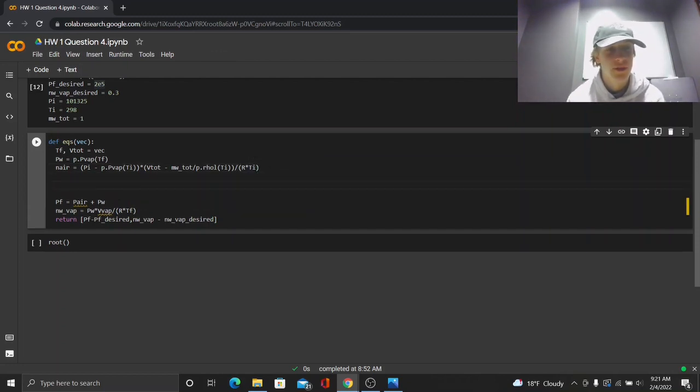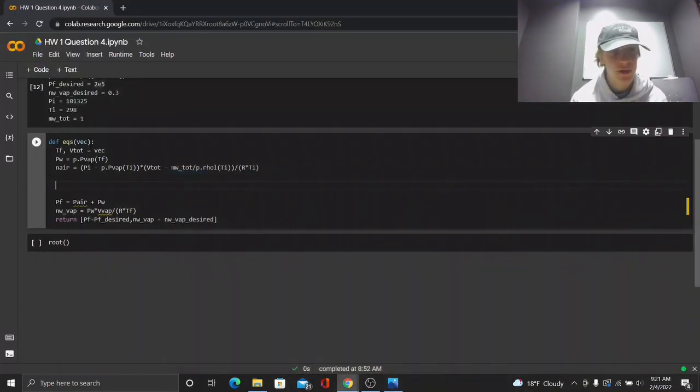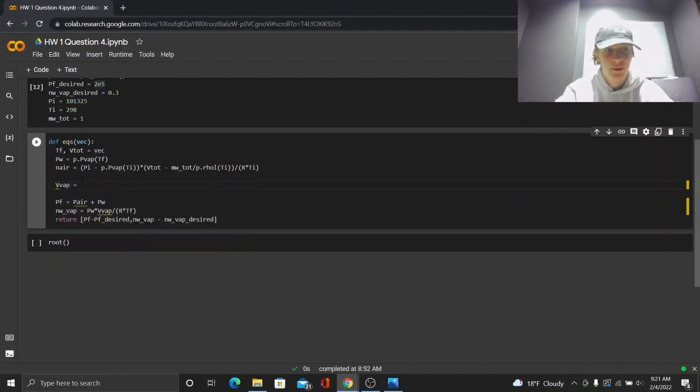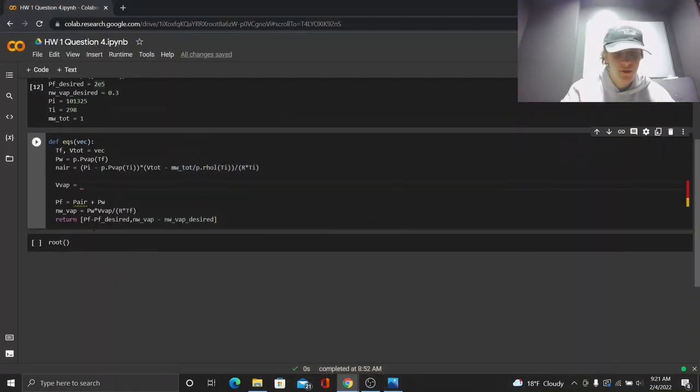So first, to get the volume of the vapor phase, we know that that is equal to this equation right here. Volume of the vapor phase is equal to total volume minus volume in the liquid phase.